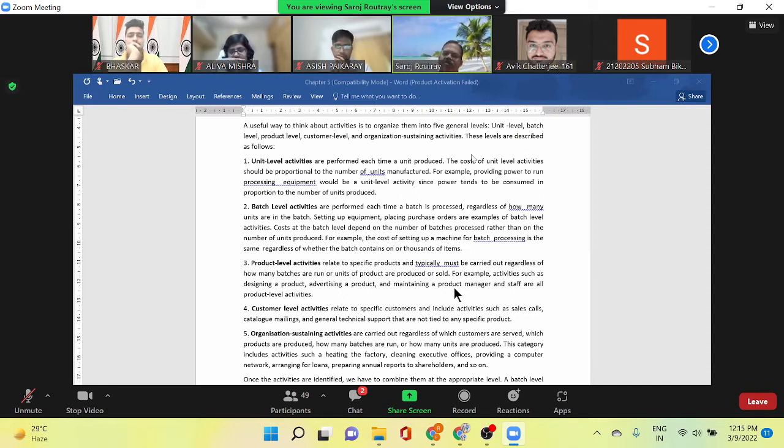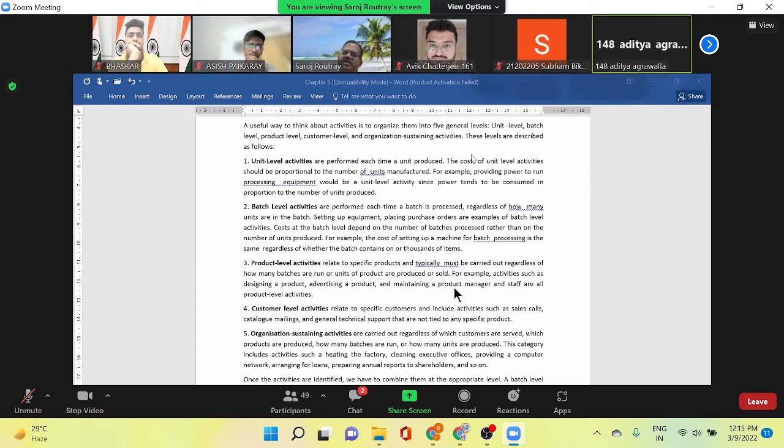And once it is developed, we cannot market it to outsiders. We have to sell it to the customer. So it is customer level. The cost you are incurring, you have to recover it from that customer. You cannot allocate it among other products or units, right?